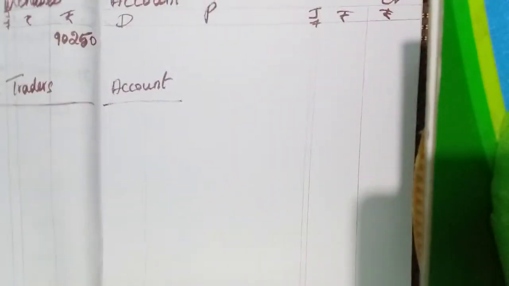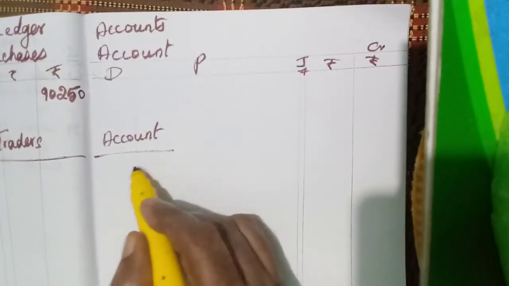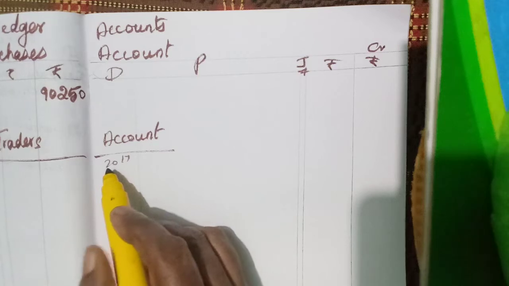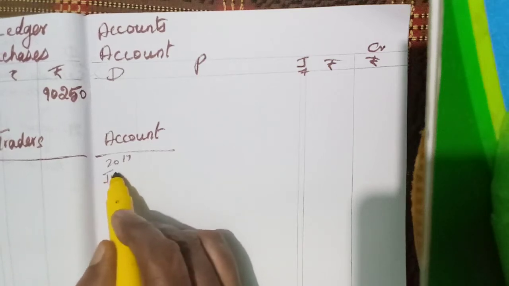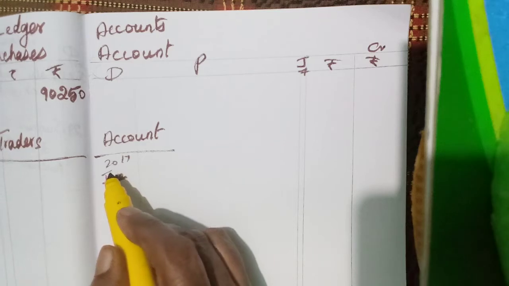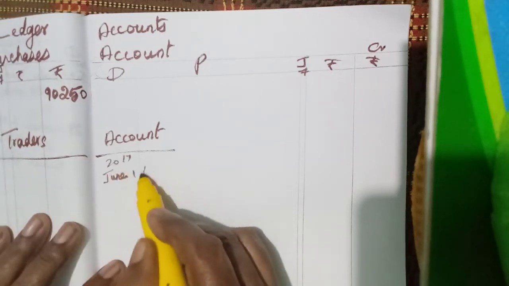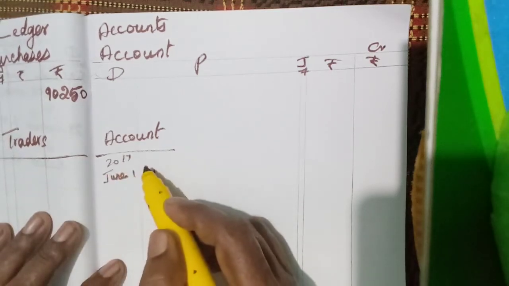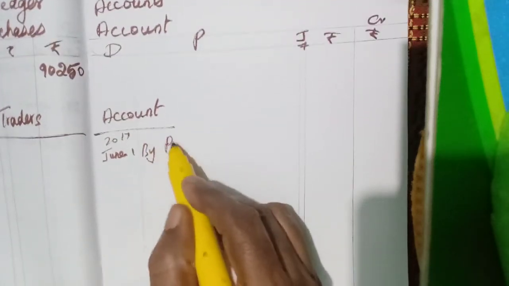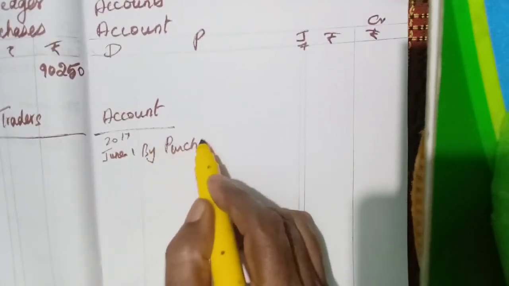So here by purchases account. Date 2017 June, Value Traders on which date? June 1. By purchases account.